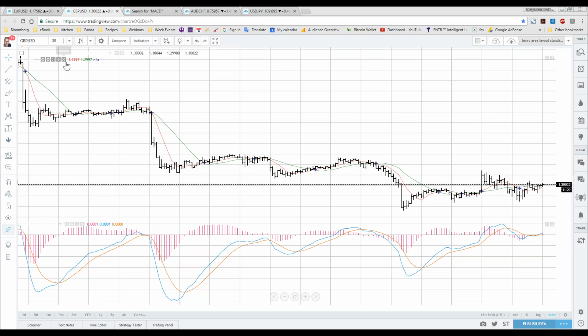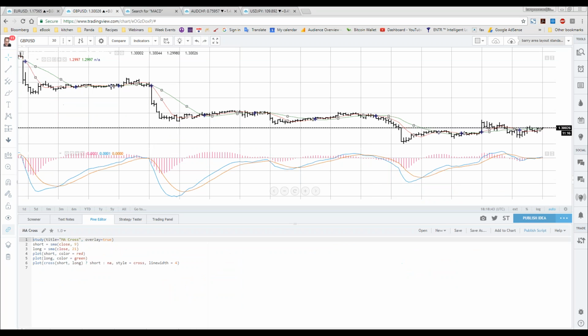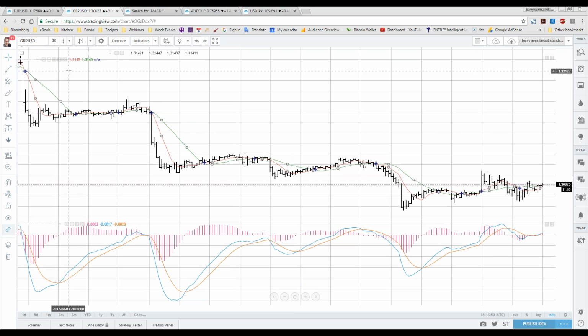Now, I'm going to force these on a chart for you. So what we have here is the MACD line and the signal line. Okay.